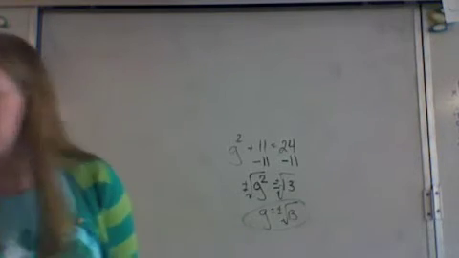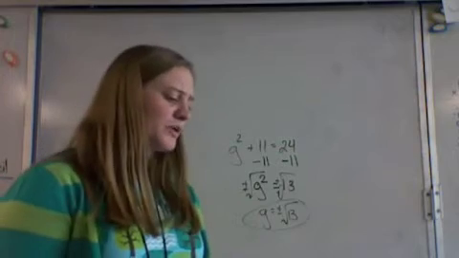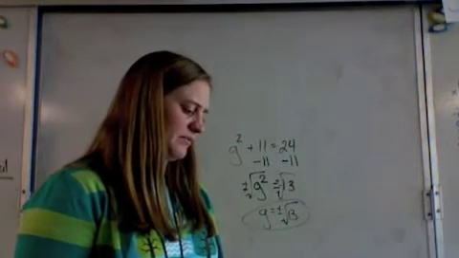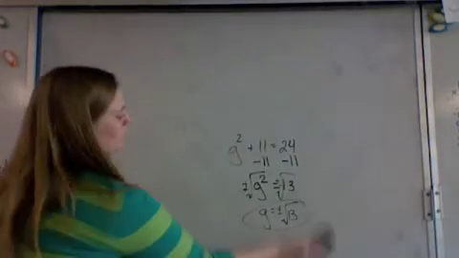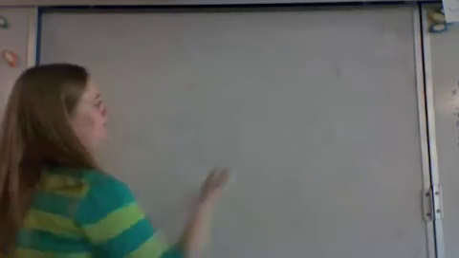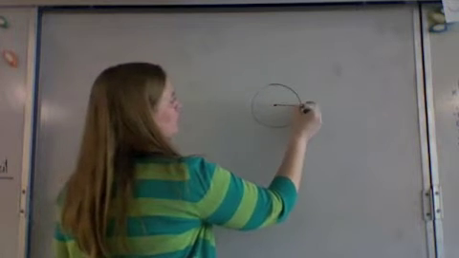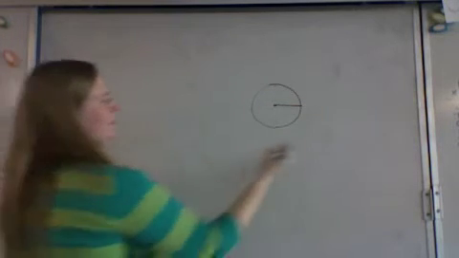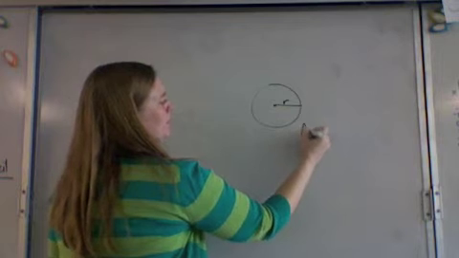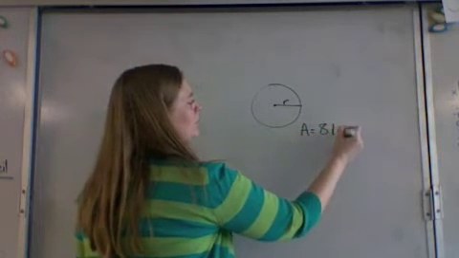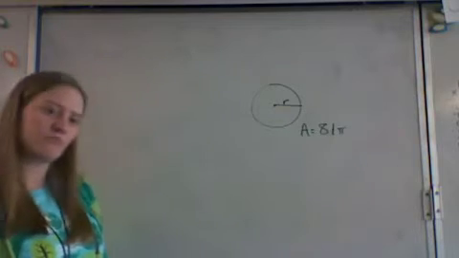The next questions. There's one that says find the radius of a circle whose area is something. So they show you a picture of a circle. Okay? And they're telling you that the area of this circle is 81 pi. Okay?